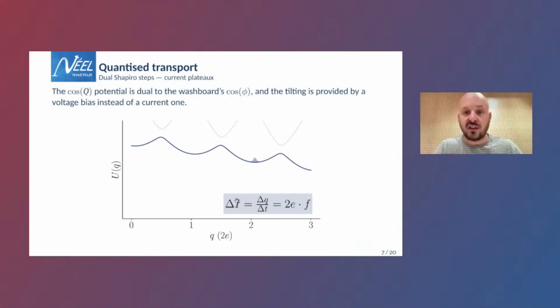So if you follow exactly the same reasoning, you can calculate the height of the current steps, and it's delta Q over delta T. So delta Q is 2e, or an integer number times 2e, and delta T is 1 over the frequency. So you should have current steps, which are 2e times f.